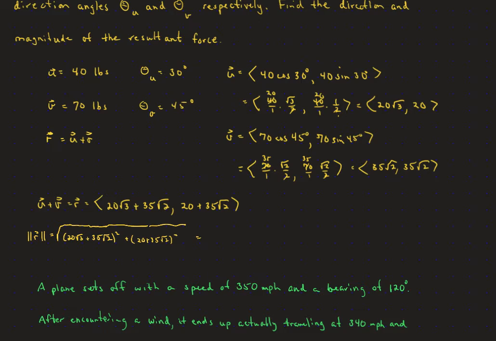I'm going to go square root and then parentheses 20 square root of 3, arrow out of the square root, plus 35 square root of 2, arrow outside the square root, and parentheses, square that, and then go plus the new parentheses 20 plus 35 square root of 2, arrow outside of that, parentheses squared, and then I can just hit enter, and I'm looking at 109.129.